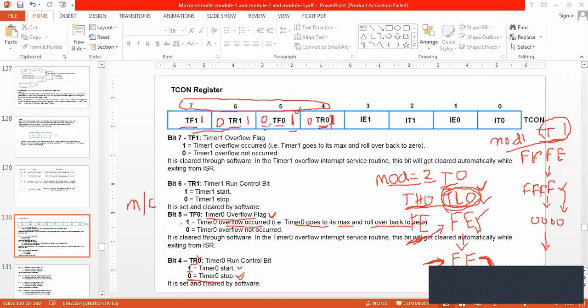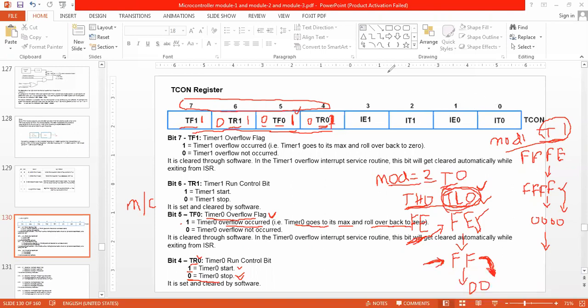Make sure these 4 bits are completely understood, so that you will understand the programs. If you have any doubts within these 4 bits, the other 4 bits are the lower 4 bits, which we will see only as an overview, but we will start with the programming of the timers now. Have you understood the TCON register and TMOD register? See, what are the registers involved?